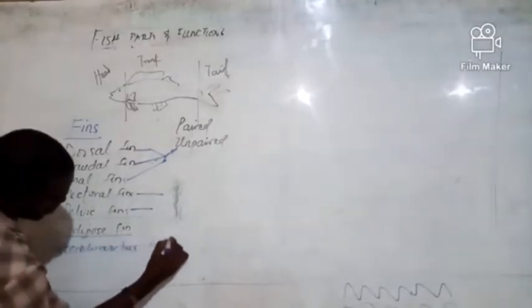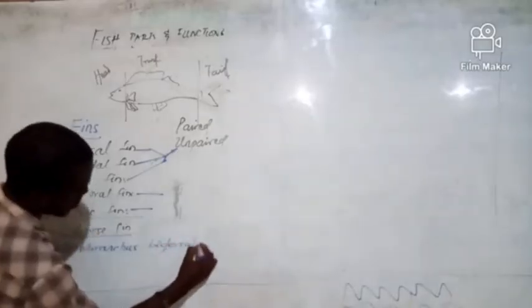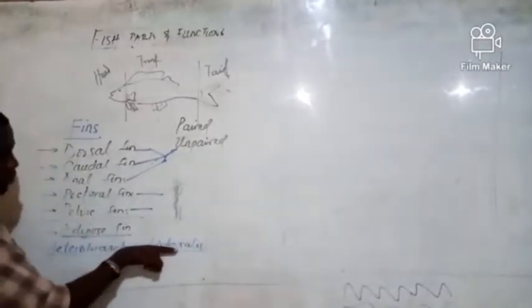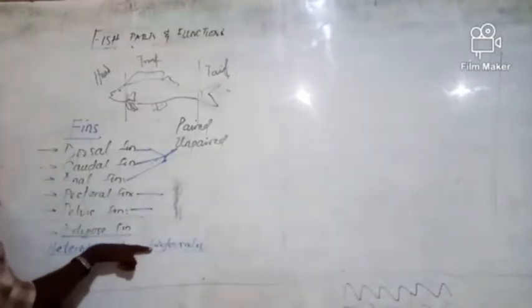So, for example, in a catfish named Heterobranchus bidorsalis, it has two dorsal fins, and that is why it is called the bidorsalis.